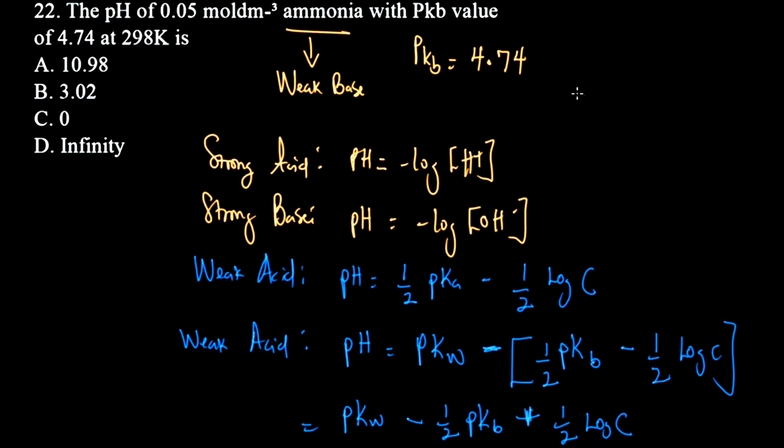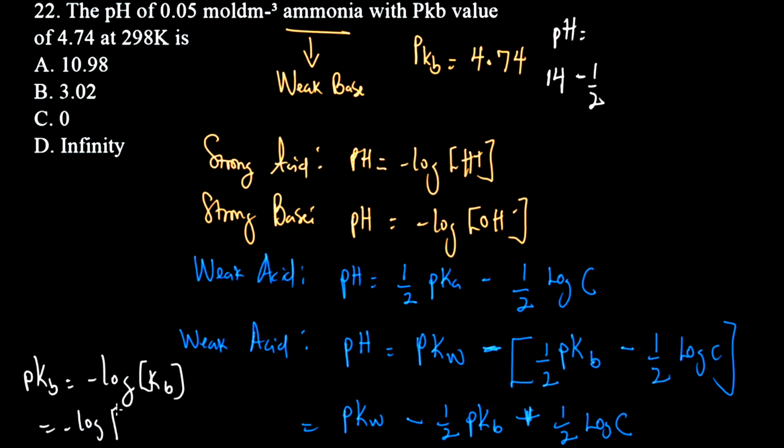So the pH of the weak base here: pKw is 14, that one is constant. 14 minus 1 over 2 pKb. The pKb is negative log Kb, and we are already given the value to be 4.74, plus 1 over 2 log C, where C is 0.05.